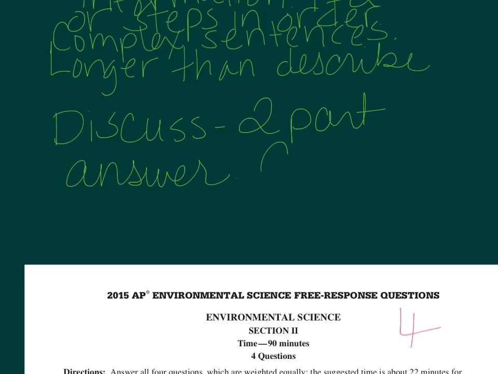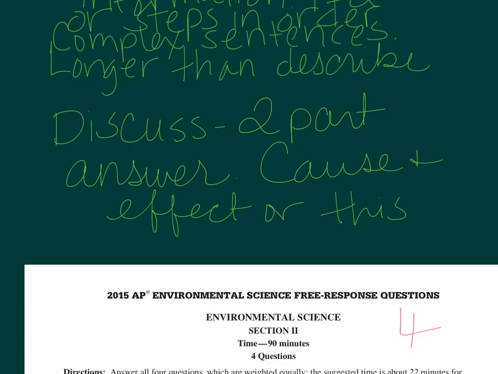And so sometimes you can say that it's cause and effect, or this leads to that. Something like that. So again, you need to have a 2-part answer for discuss. And those things are really important to remember on this exam.